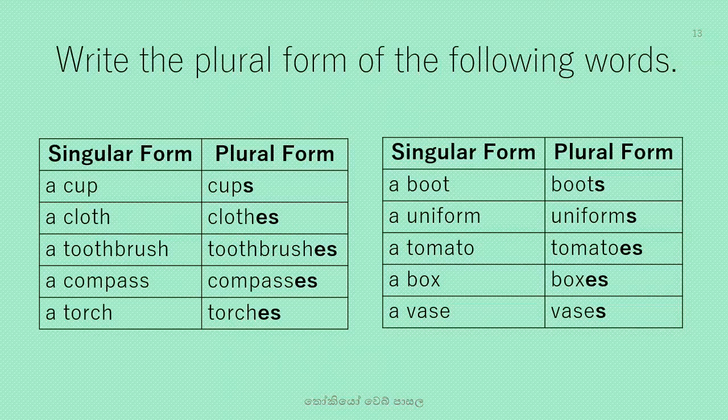Es. A vase, we have a consonant followed by e: vases. So I hope now you have some understanding of how we can convert the singular form of the countable nouns into the plural form.